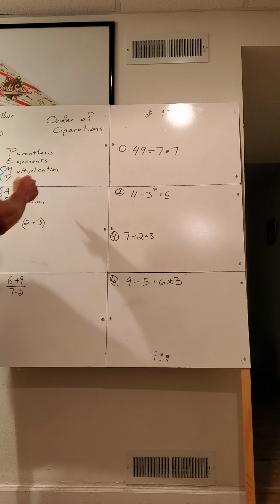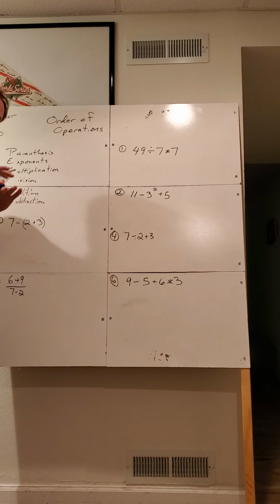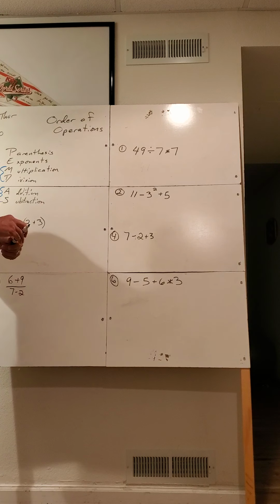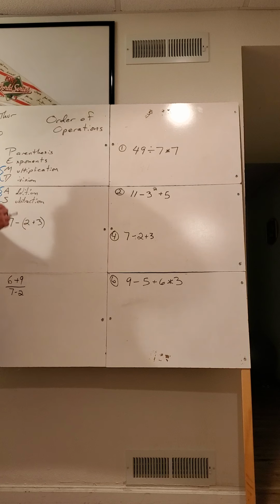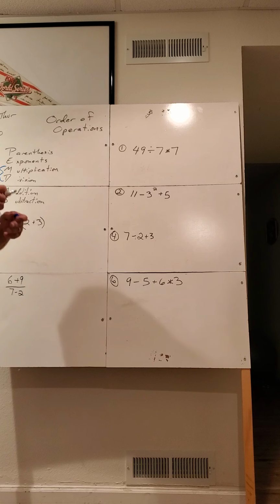Okay? These two are equivalent, but it looks like multiplication comes before division, and that's just not true. It looks like addition comes before subtraction, and that's just not true.